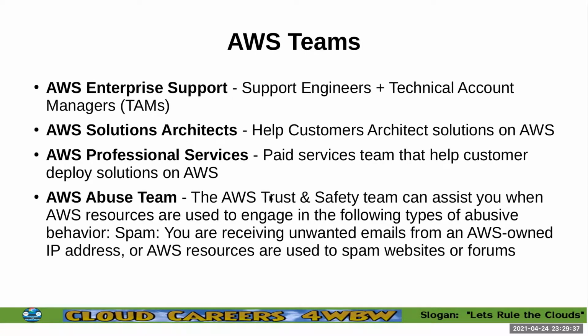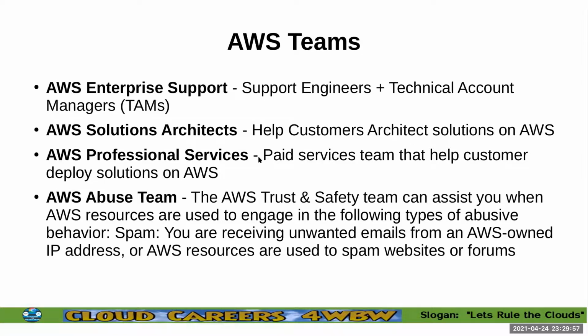There are some questions that always come up and they require that you know these different teams. You have the enterprise support team: these are support engineers and technical account managers. You have solution architects, who help customers architect solutions on AWS.